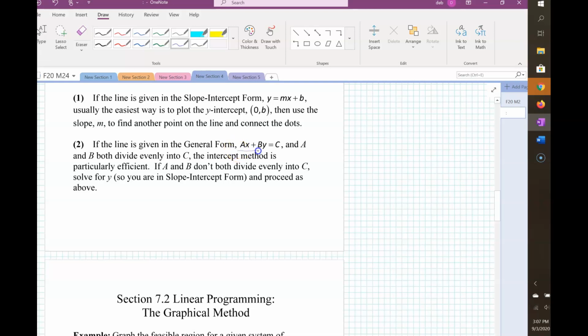If you want to take lines that are given to you in the general form and solve for y to turn it into slope-intercept form, you can do that. But a lot of the equations of lines in chapter 7 are in this general form and are pretty quick and easy to graph using the intercept method as long as a and b divide evenly into c.